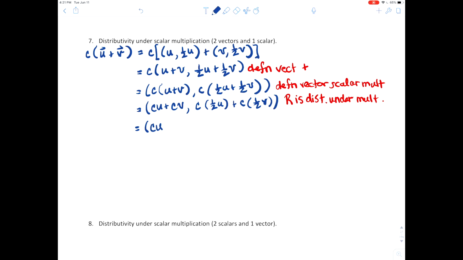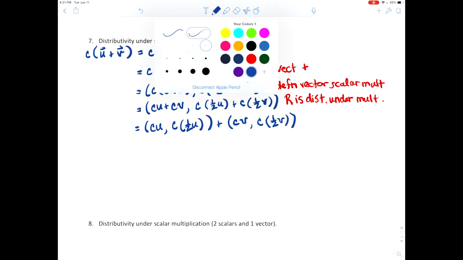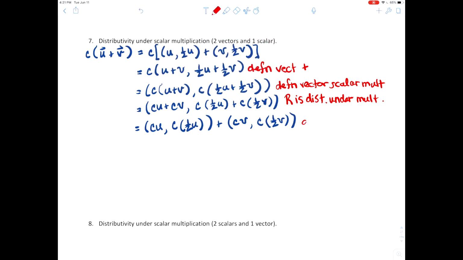So this will be C times U, comma, C times 1/2 U, plus C times V, comma, C times quantity 1/2 V. That's the definition of vector addition.